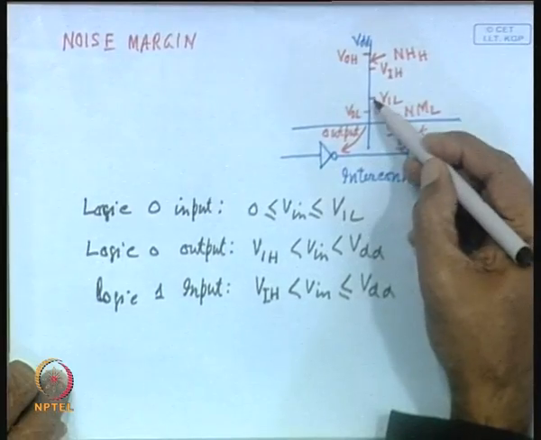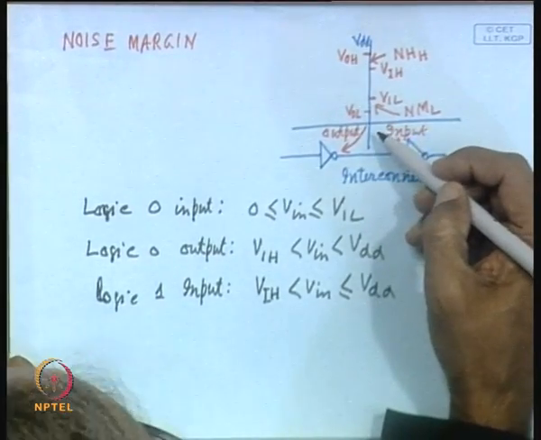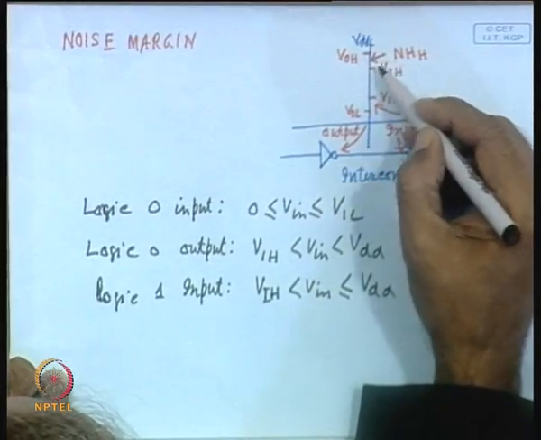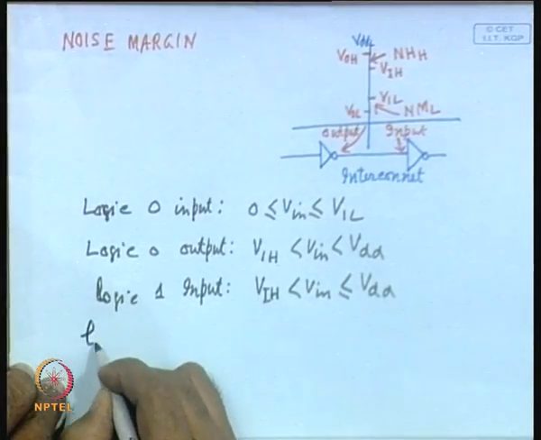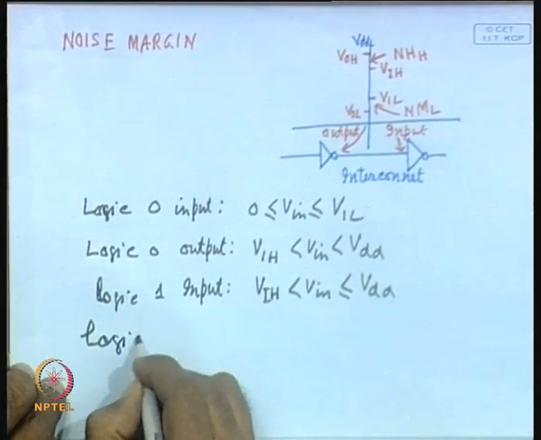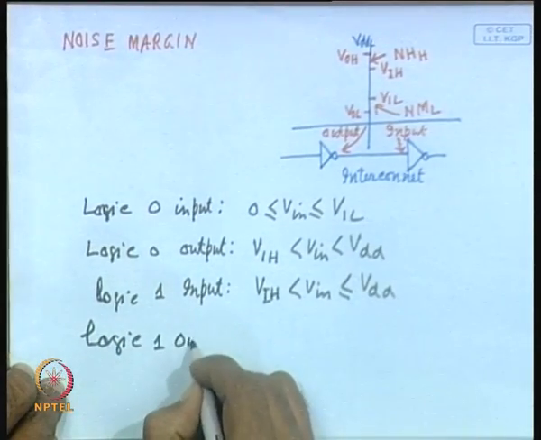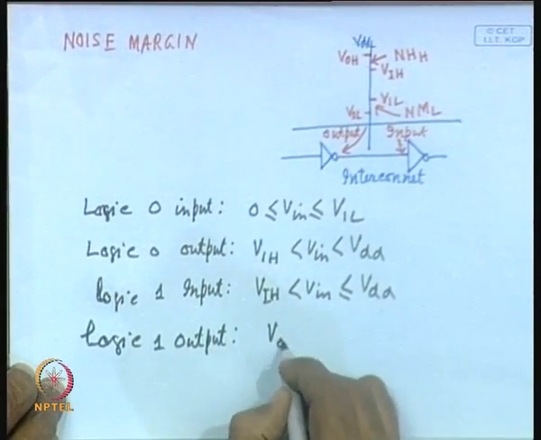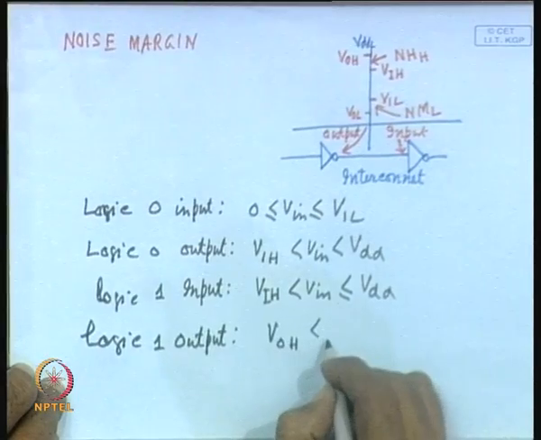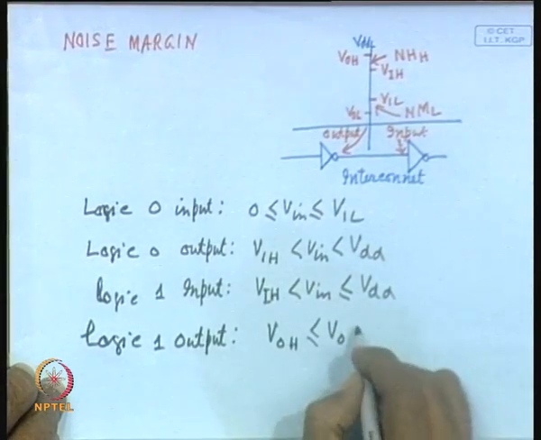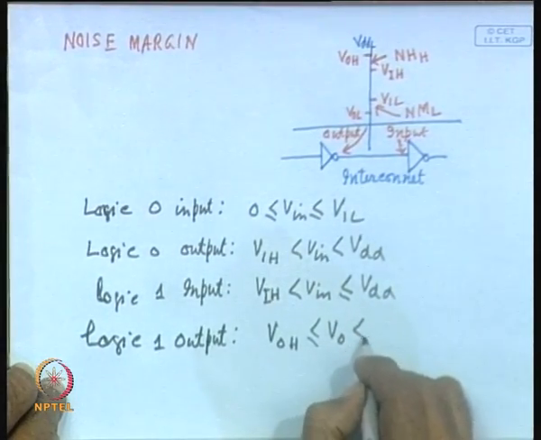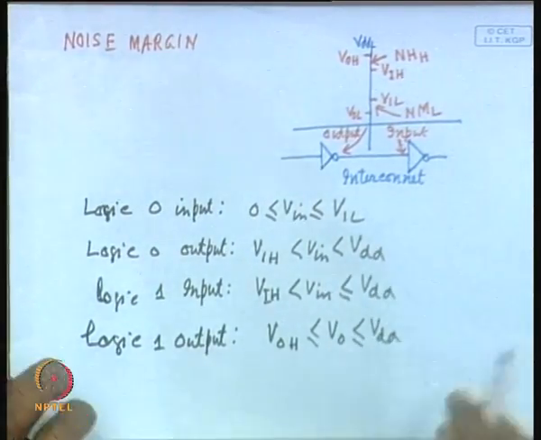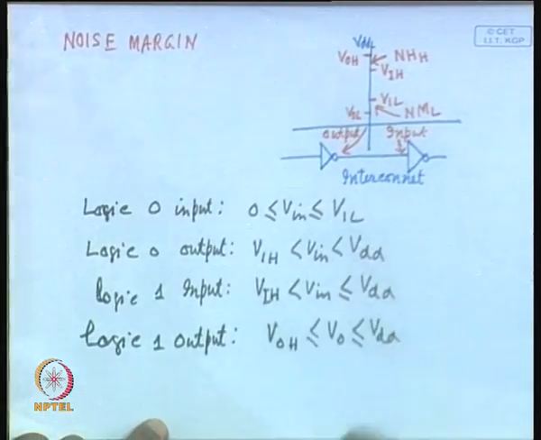This is the range VIH, and logic 1 output is in the range of VOH less than or equal to VO less than or equal to VDD. So, you can see these are the input output characteristics.